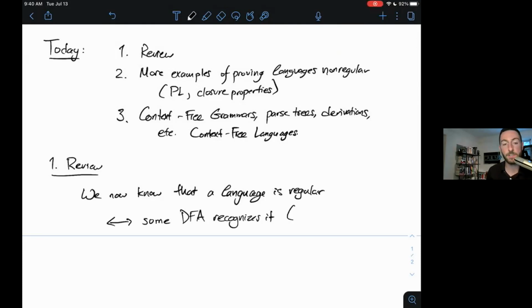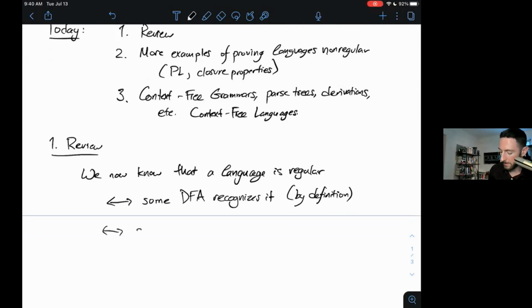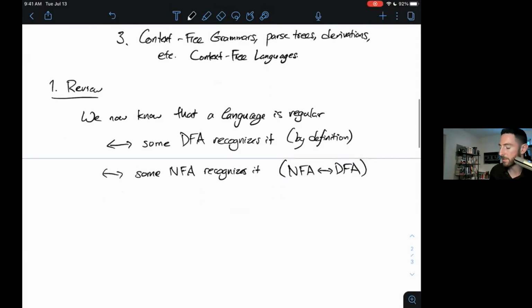And this is by definition, this is how we define the regular languages. Also, if and only if some NFA recognizes it. And this is because we showed how to go from an NFA to a DFA and vice versa. The backwards arrow was trivial because DFAs, at least DFA state diagrams, are also NFA state diagrams.